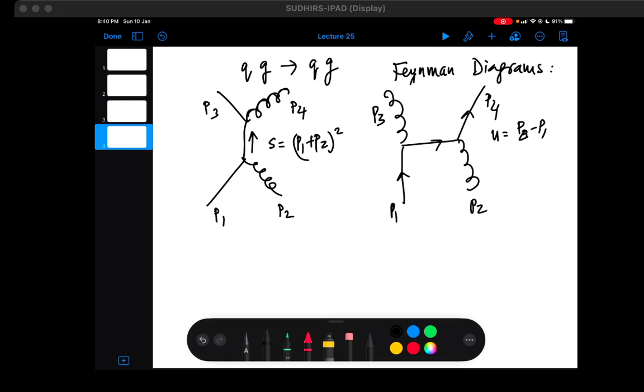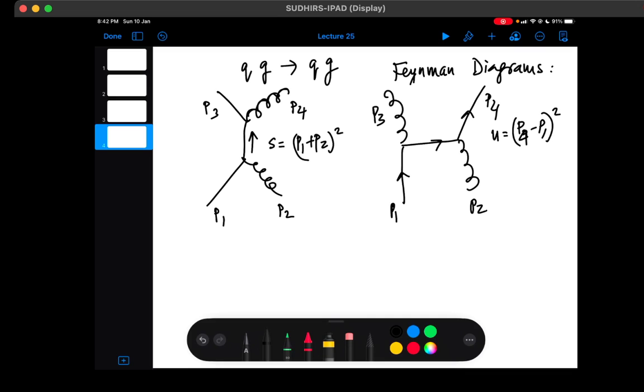Now the point is that if you do the amplitudes, let's start with the first diagram. If we want to do the first diagram amplitude, here we have the gluon with the color factor A. So let's start with the gluon, epsilon mu.